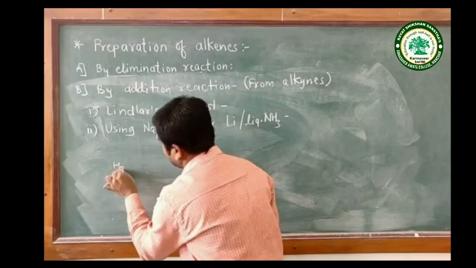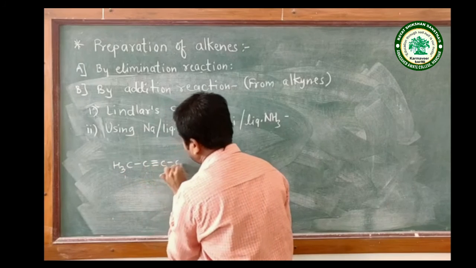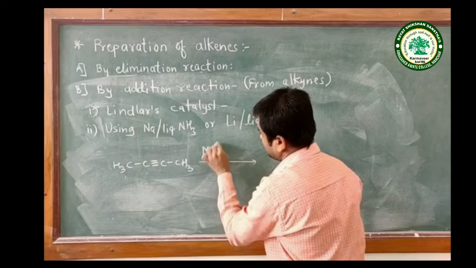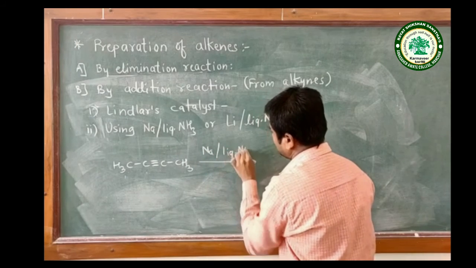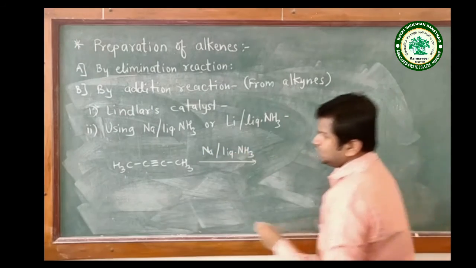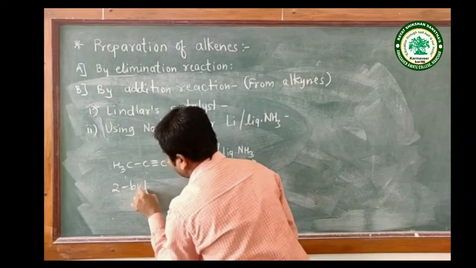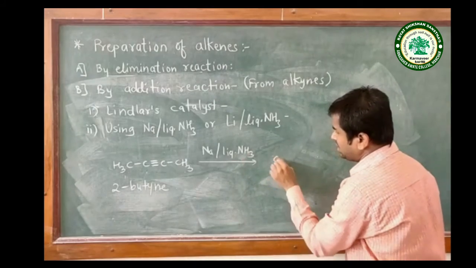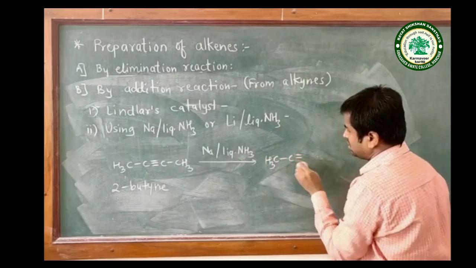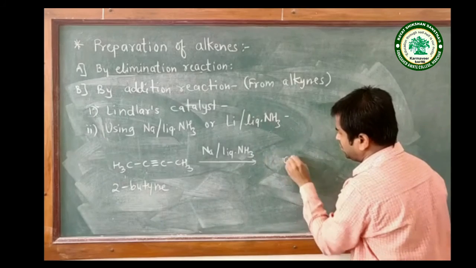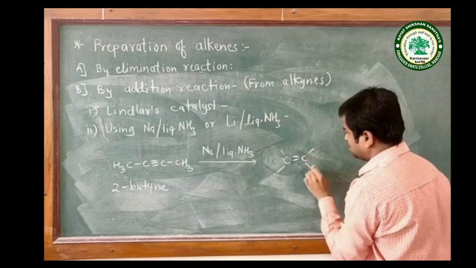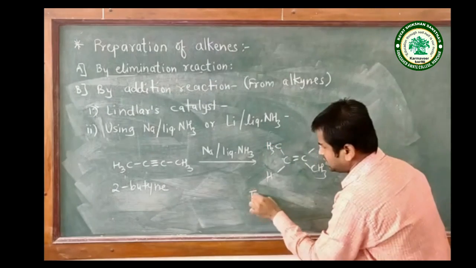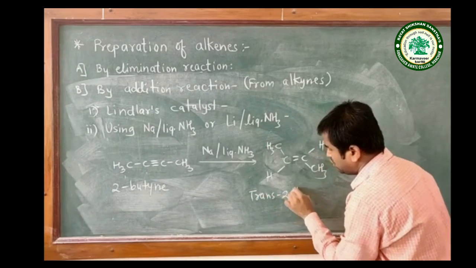For example, 2-butyne on reduction using sodium in liquid ammonia gives trans-2-butene.